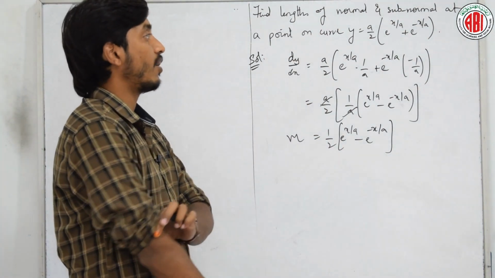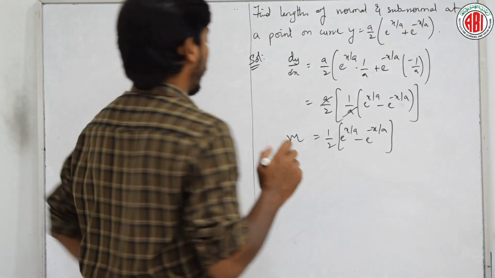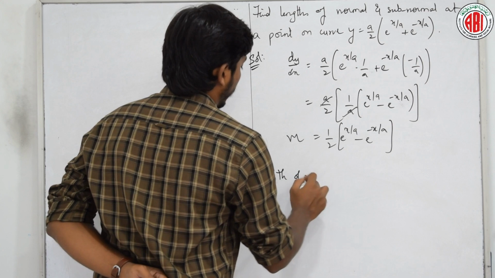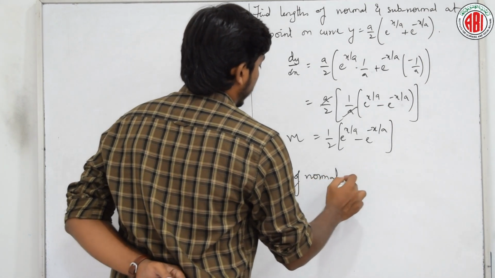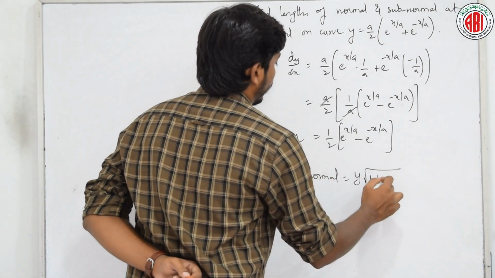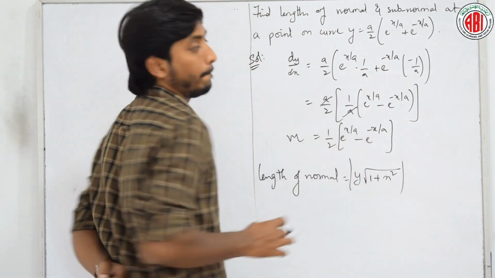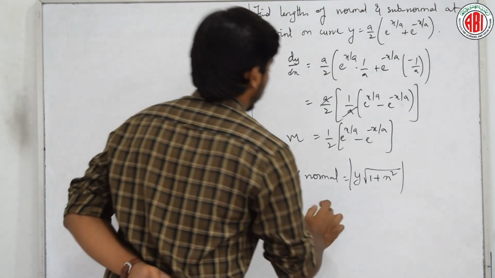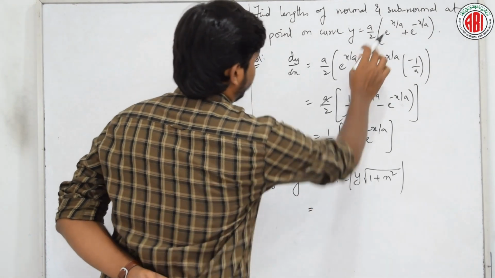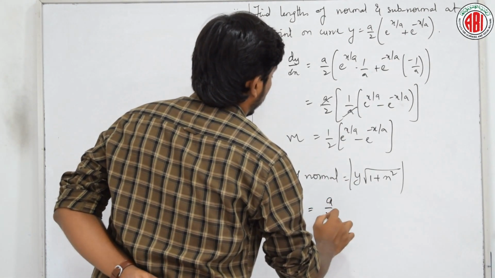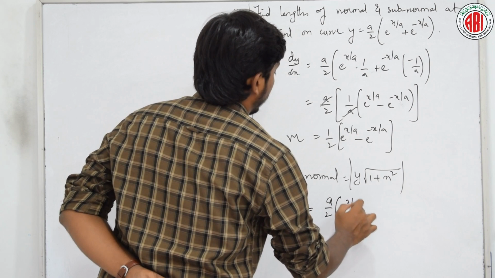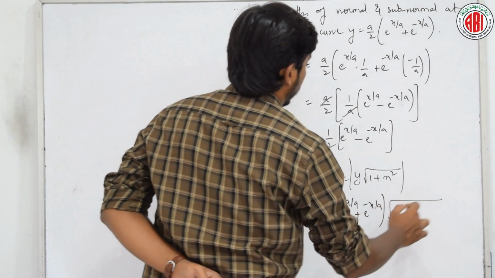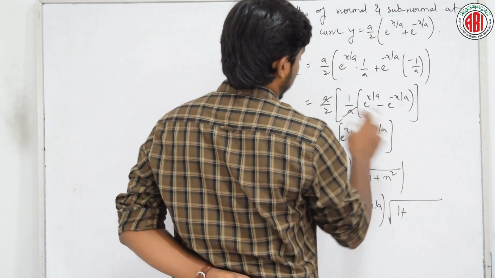What is the length of a normal and subnormal? Tell me. The length of a normal is y into under root 1 plus m square. Is it? So let us substitute and simplify. That is nothing but, substituting y, a by 2 into e power x by a plus e power minus x by a, under root 1 plus, what is m?